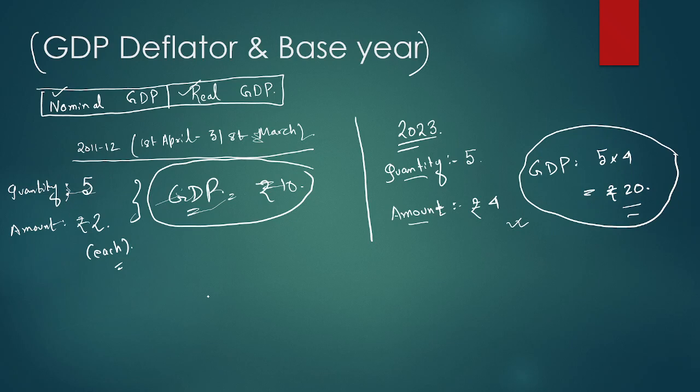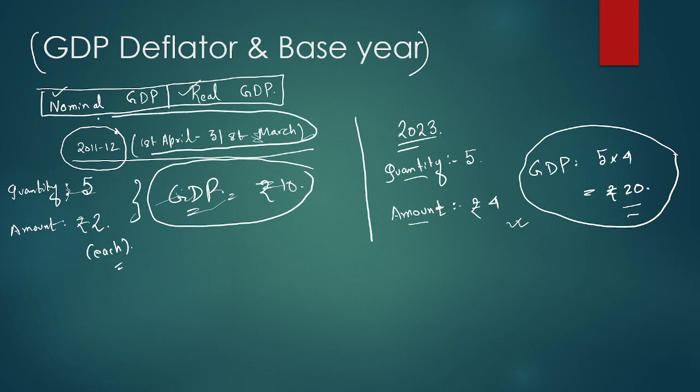What is real GDP? We have a base year. Just remember we have a base year that has been chosen by the central government to measure the GDP with respect to this year only. There are certain criteria and conditions. I'm not going into details. You might select a book or some notes to see the essence of these things, but they are not so important. The important thing is that the base year is 11-12.